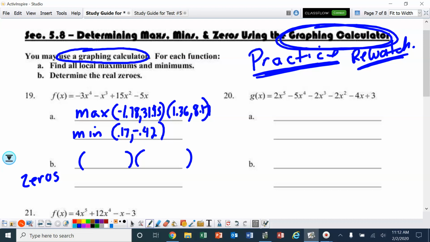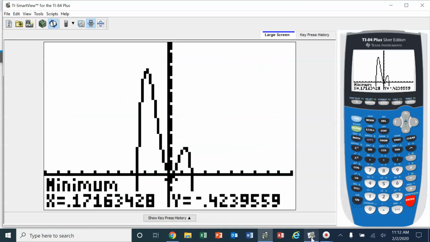All right, now the zeros. For the zeros, I'm going to spread the x-axis out a little bit more. I don't want to touch my y values anymore. I want to leave the y values alone, but I want to make my x values smaller so it spreads it out more.